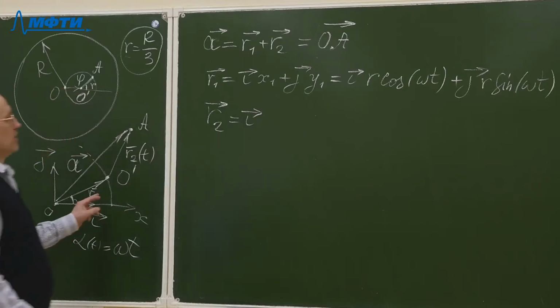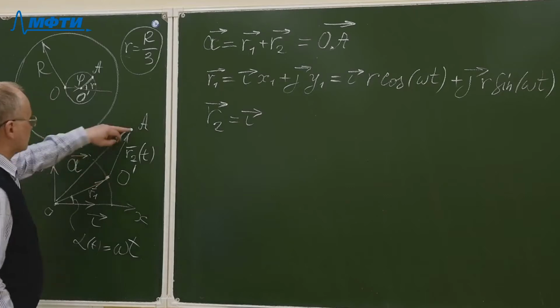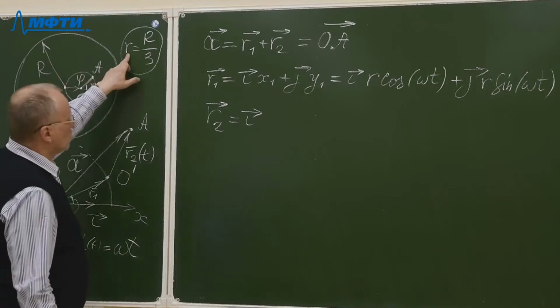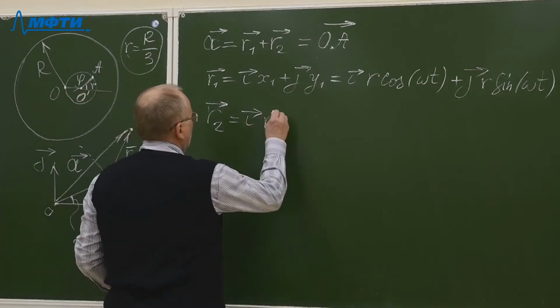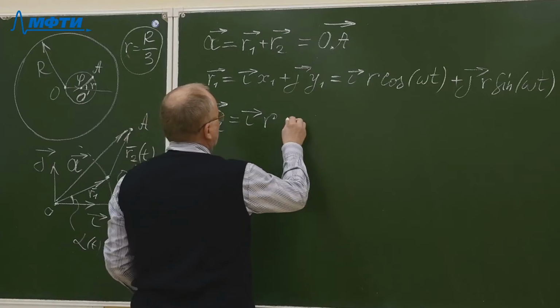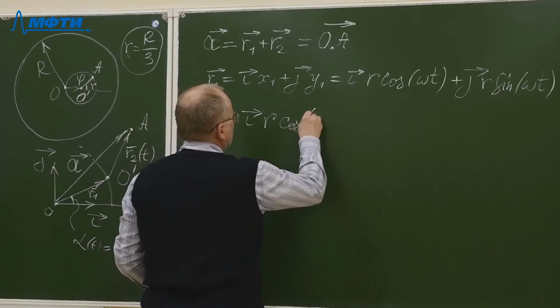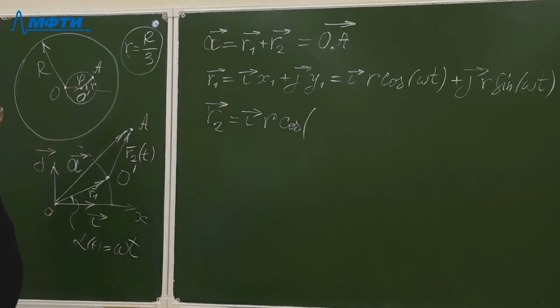And again, it will be the length of this vector r2, the radius of the small disk, which is small r. Its coordinates can be presented as cosine, but the initial phase was phi.